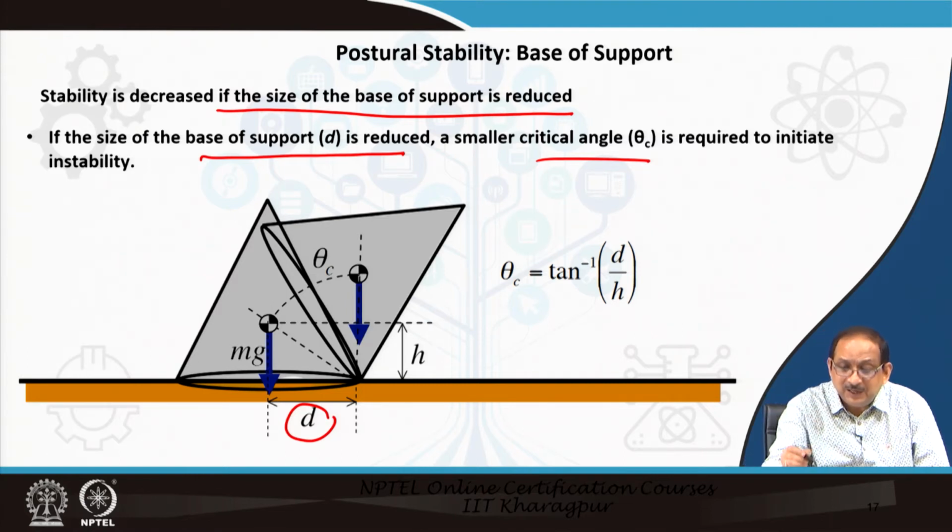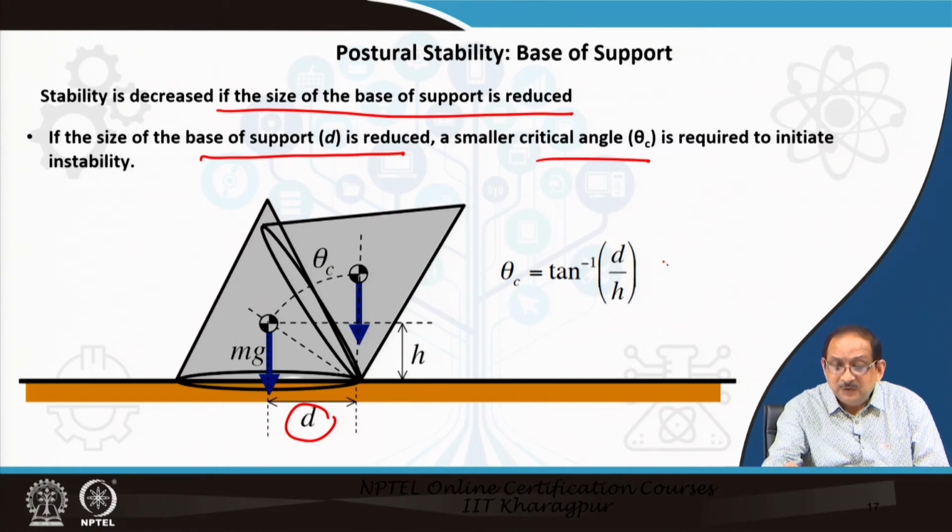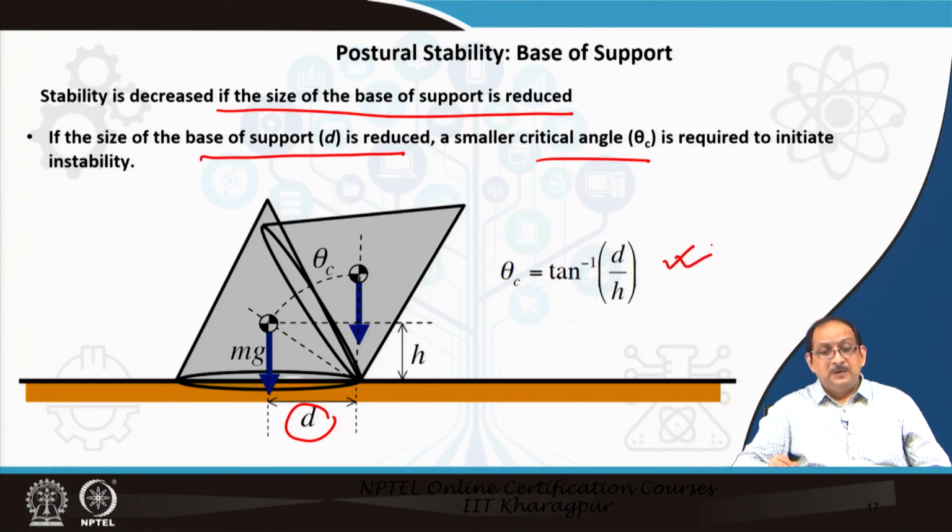This critical angle can be calculated from geometry as d by h, where h is the height of the center of gravity of the cone. So, the stability is decreased if the size of the base of support is reduced.